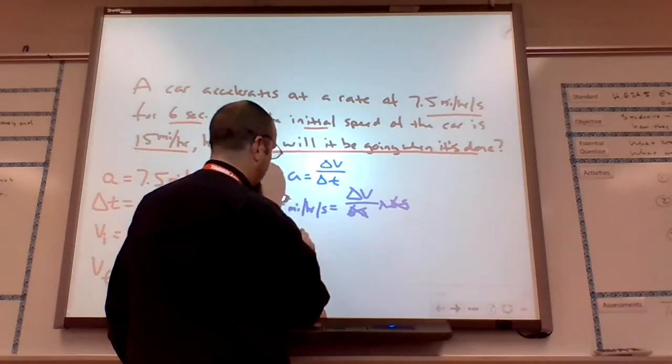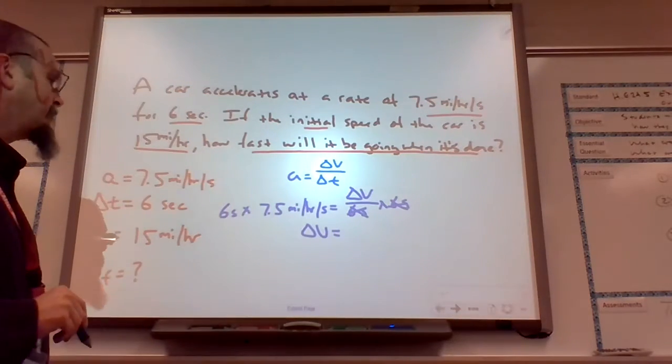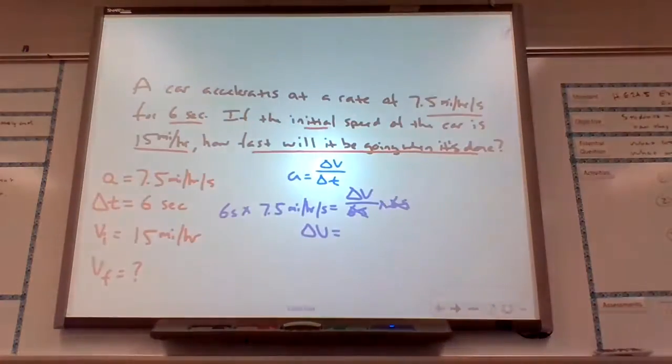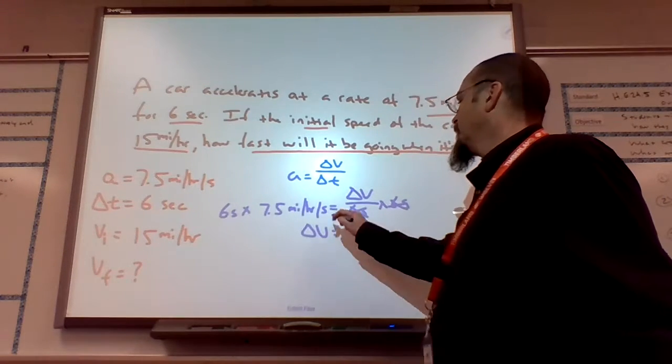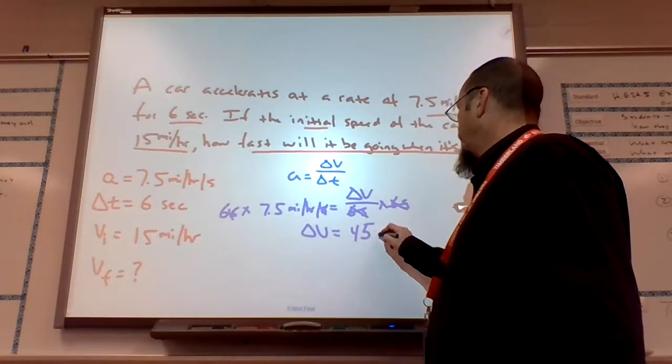The 6 seconds cancels out over there. Math teachers like when you flip the delta V to the other side. 6 times 7.5 is 45. The seconds are going to end up canceling, and we end up with just miles per hour.